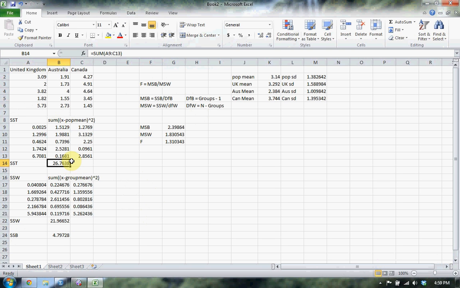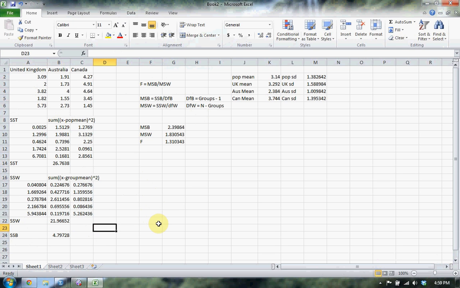It can be found right here. And then I looked at the sum of squares within groups, which is each instance minus the specific mean of the group, squared, and then finding the sum of that. You can see that was almost 22. Now the sum of squares between groups can be found very simply once you have these two pieces of information.